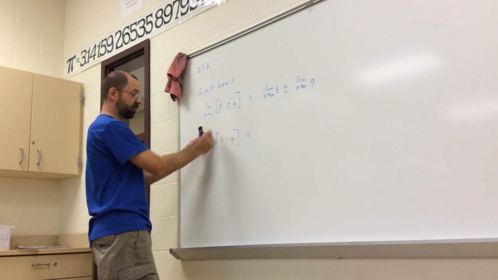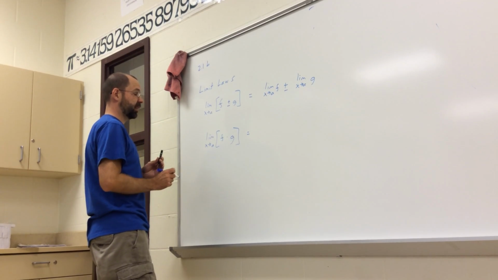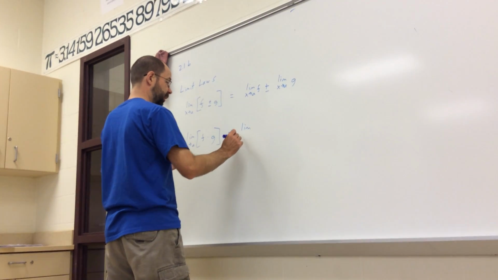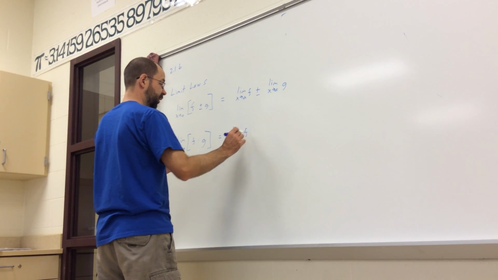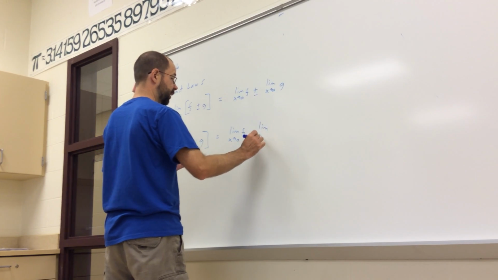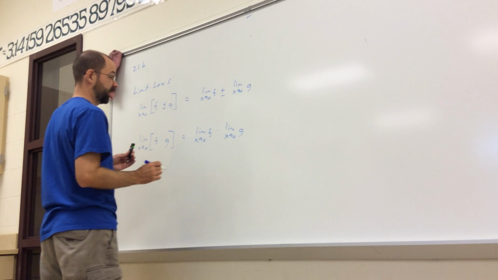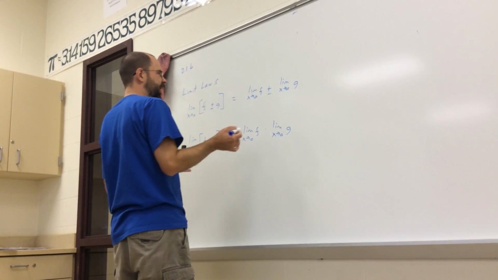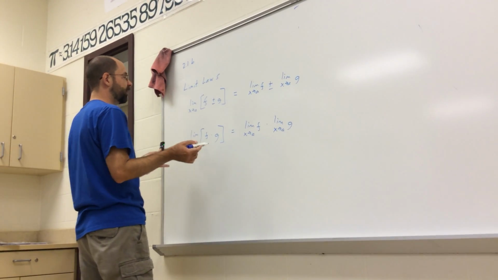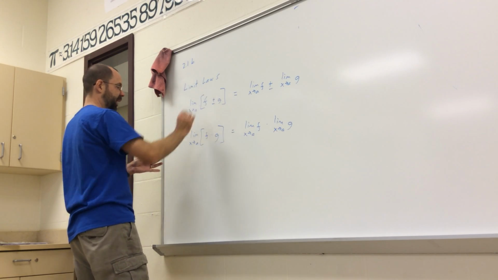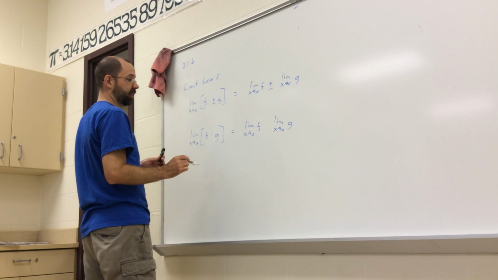So if you have two functions multiplied together and then you take the limit, you can take the limit of the first function and the limit of the second function and then multiply those answers together. So in my mind, this is kind of like distributing the limit. The limit goes past the plus and past the minus and past the multiplication.